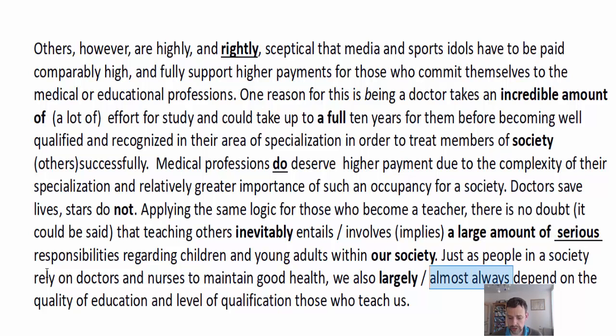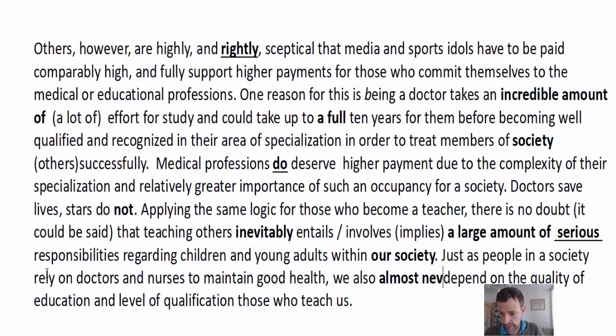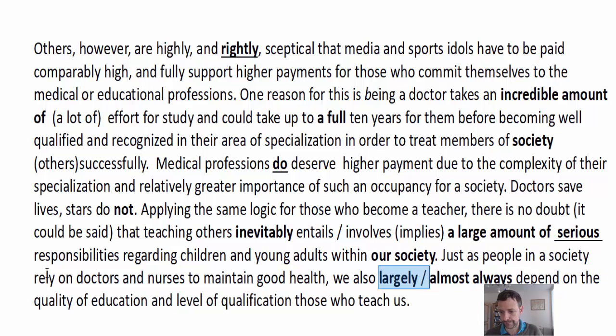So another way of making something stronger or weaker is to put in how often or how rare, how not often. So, I can make this, we also, if I get rid of largely, almost never depend on the quality. Bang! So they've gone from being important to not important. Okay, so we almost always depend.